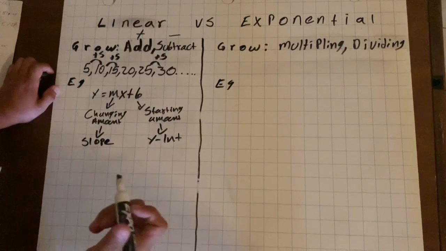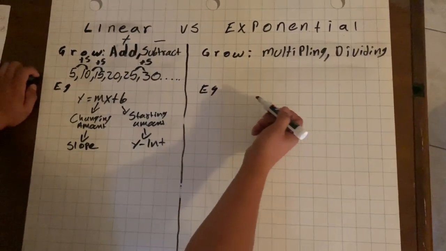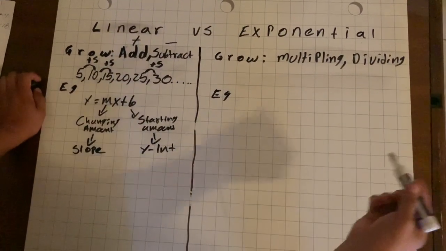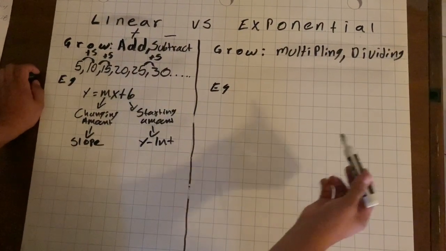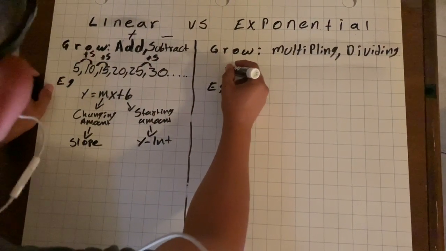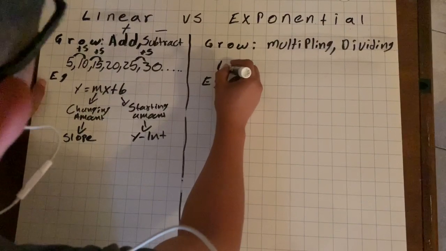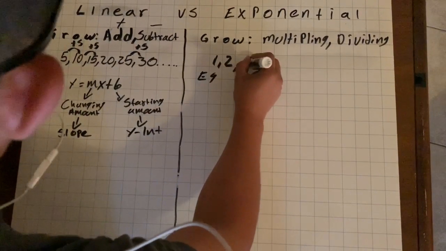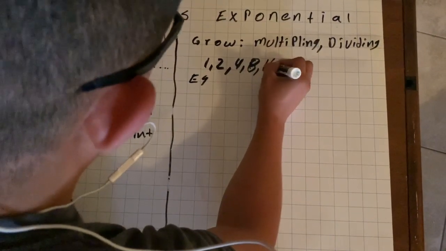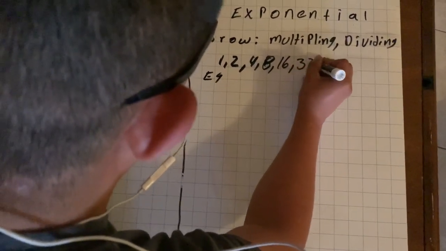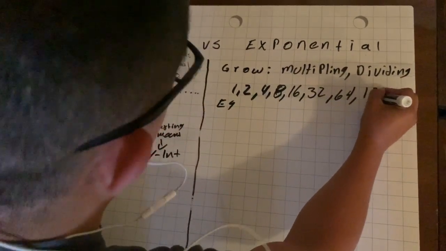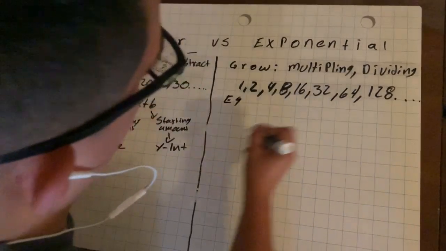And then in exponential, it's multiplying and dividing. As the number keeps going, it's either multiplying the number or dividing the number. What do I mean? Here's an example as well: 1, 2, 4, 8, 16, 32, 64, then 128, and it keeps going up and up.